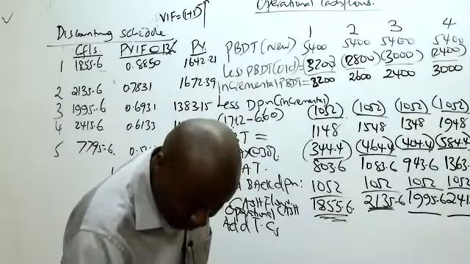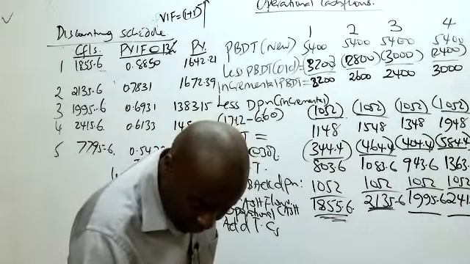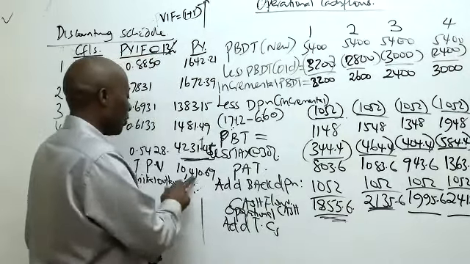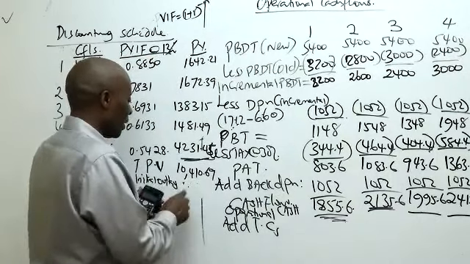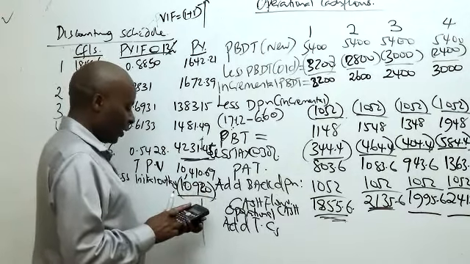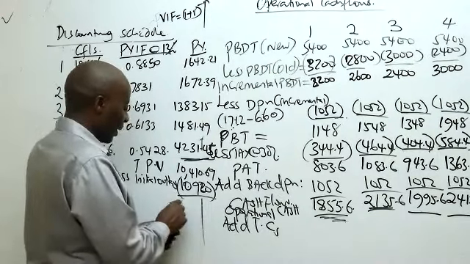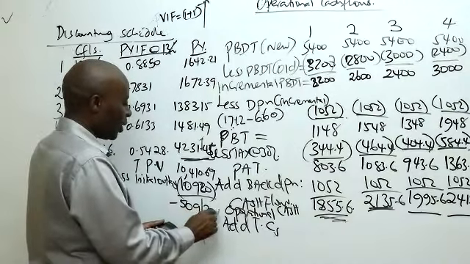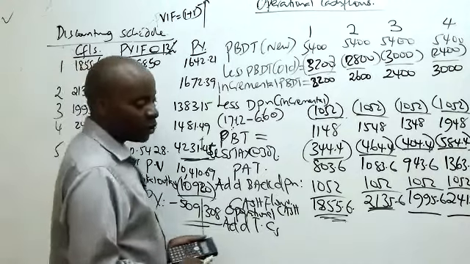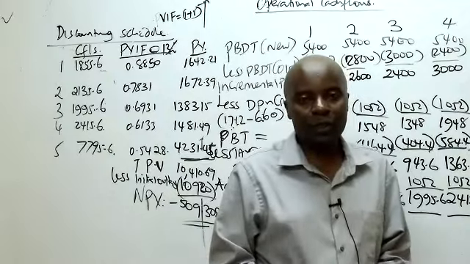No, I'm reading the wrong one. The initial outlay was quite a huge figure. It was 10,920. We subtract it, so we have minus 10,920, which gives us minus 509.308 net present value. Meaning that this project is not viable. Do not replace.